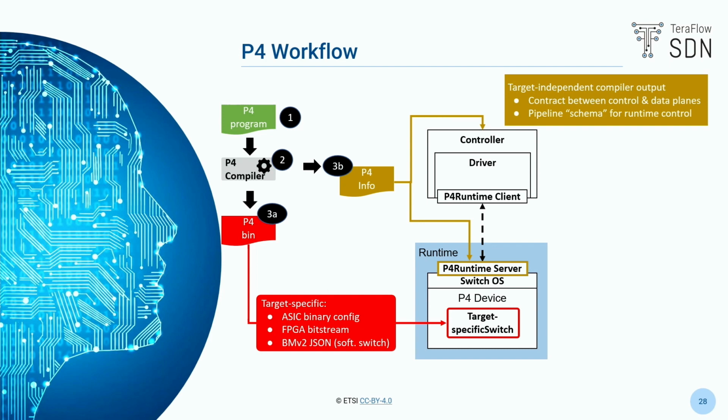So at this level, the controller does not care if we speak about an ASIC or an FPGA or a BMv2 switch. It uses an independent language to configure this device. And this is the key benefit of P4 versus OpenFlow here. It's exactly this target independence that we managed to achieve with this protocol.